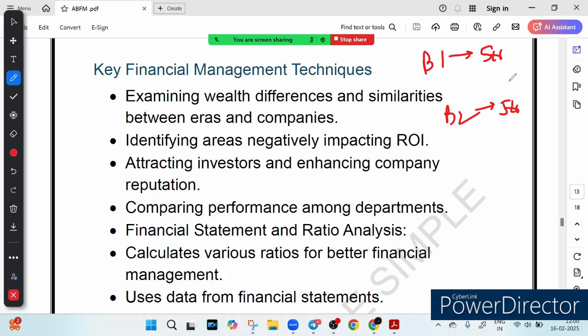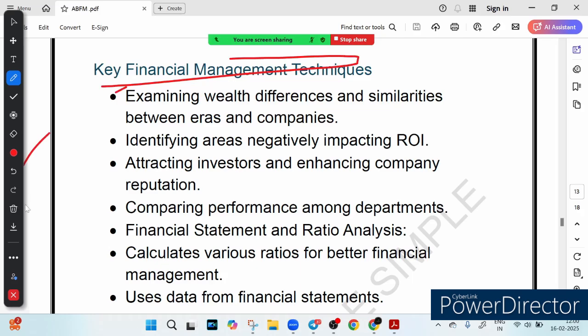So then we have something called key financial management techniques. Let's discuss it. What are the key financial management techniques? You know that financial management and ratio analysis. Why? To understand profit, liquidity and financial health, right? So if you want to understand profit, liquidity and financial health, we have something called financial statement and ratio analysis.